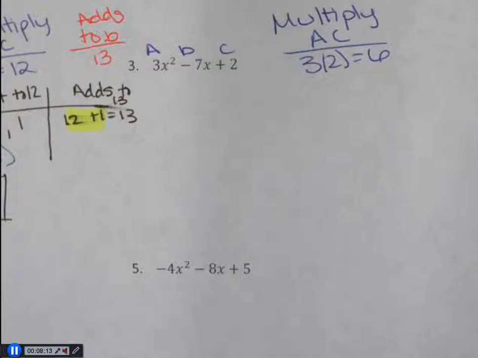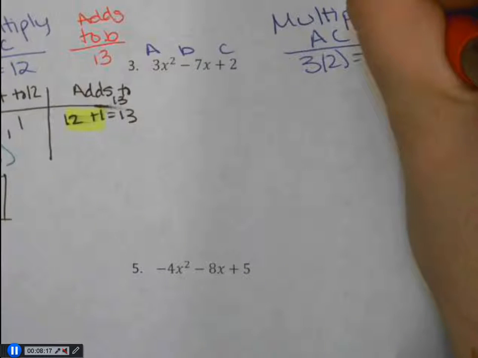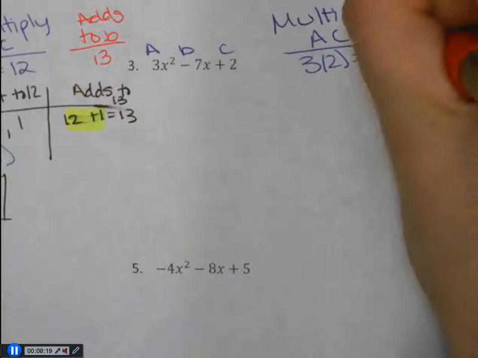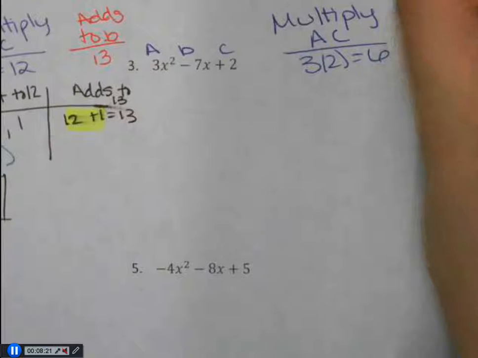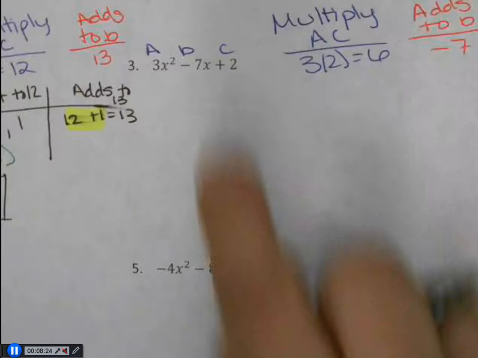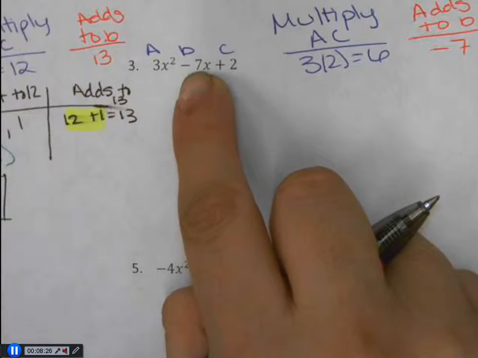So 3 times 2 is 6. And I want it to add to what number? -7, because that's my b term.